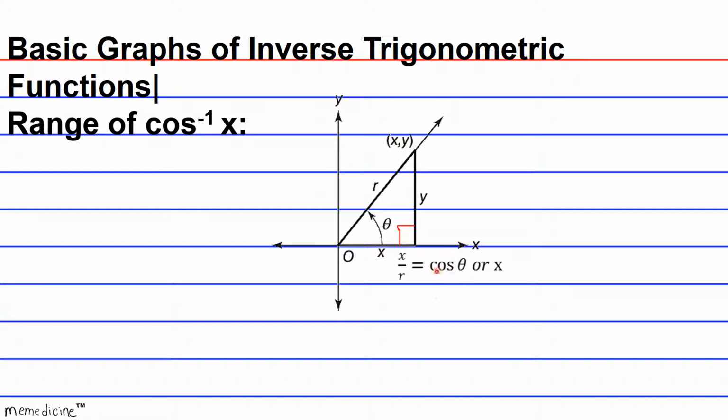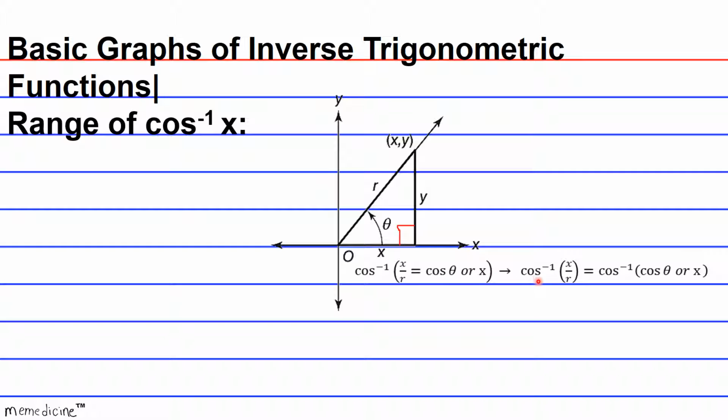So let's say you want to undo the cosine function. You don't want to know the cosine, but rather you want to know the angle that generates the cosine. This is what would happen. You would have to take the inverse cosine of the cosine value, which is x over r, and whatever you do to the left-hand side of the equation, you would also have to do to the right side. So let's distribute this inverse cosine function.